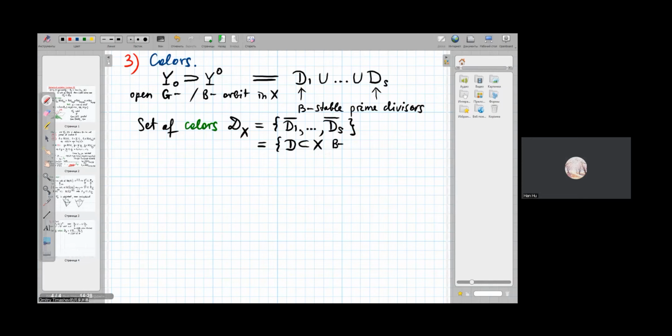I'm sorry, I see that I have written something stupid here. What I said orally was true, but I have written a wrong formula. So the complement of Y upper naught in Y lower naught is decomposed as the union of finitely many B-stable prime divisors. Now I hope the formula is okay. It is clear now. Okay.